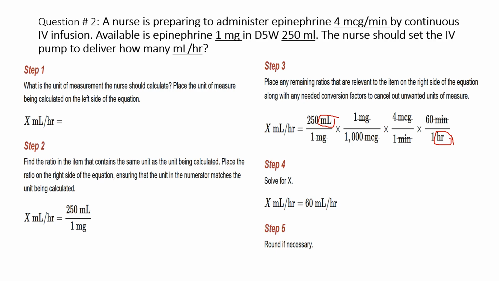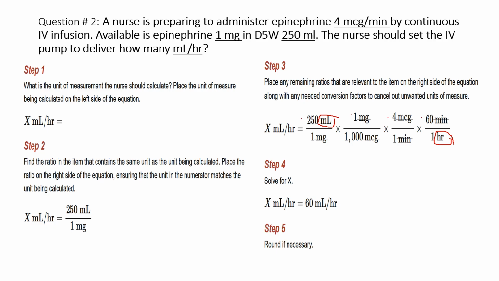Which is great, right? So now all we have to do is multiply the 250 by 1 milligram, by 4, by 60. Multiply that. And then we multiply the denominator, which is really 1,000 by 1, so it's going to be 1,000.